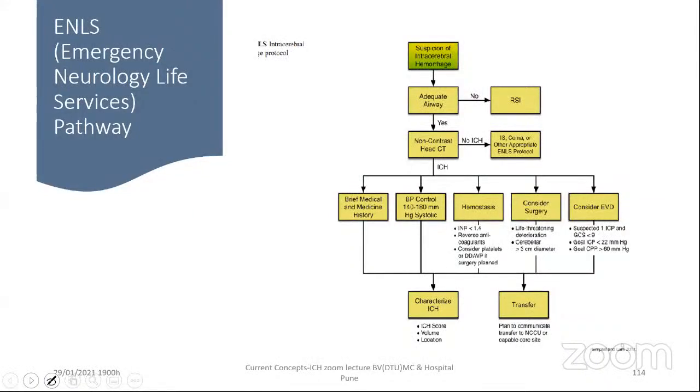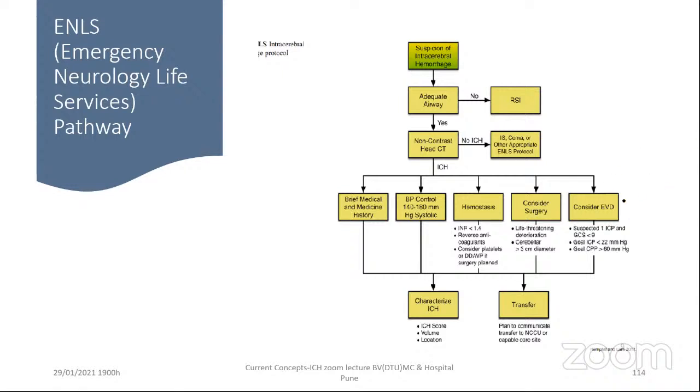So the emergency neurology life support pathway: the first is when you get a case of ICH, adequate airway, and then non-contrast CT, and if there is ICH, brief medical and medication history, BP control, hemostasis. If INR is more than 1.4, you have to use reversals, and consider surgery, consider external ventricular drainage.